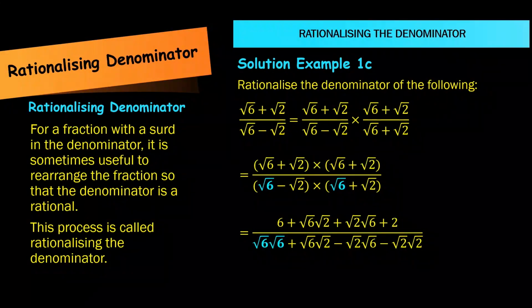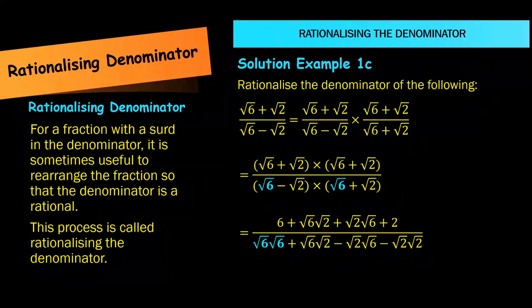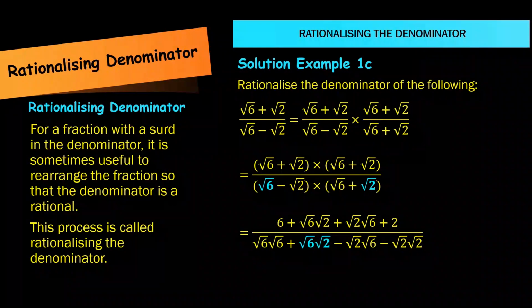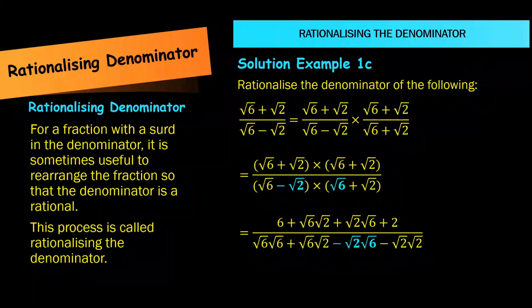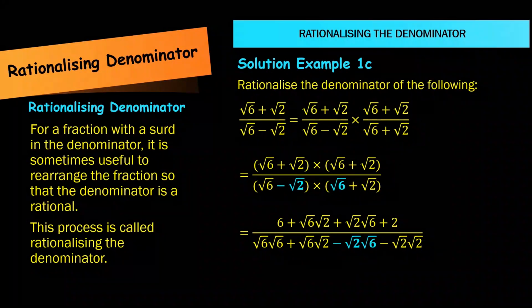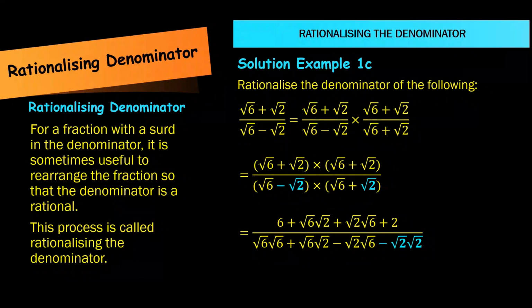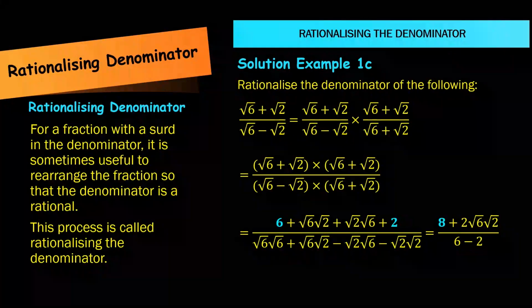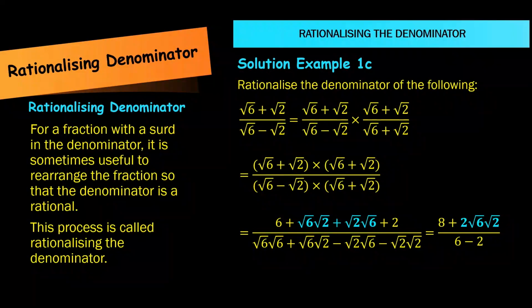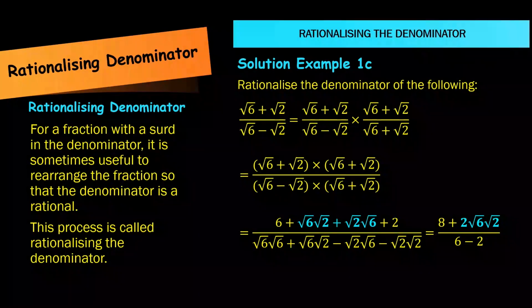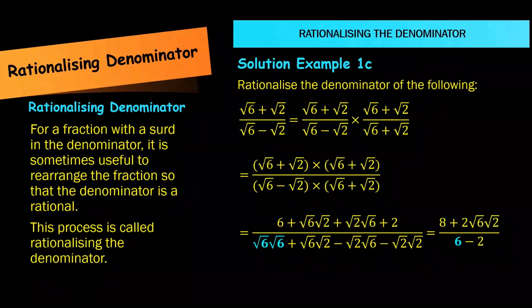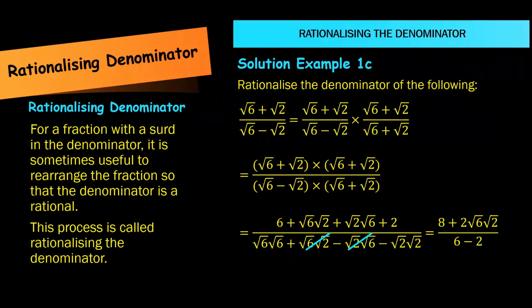And in the denominator we have root 6 times root 6 plus root 6 times root 2 minus root 2 times root 6 minus root 2 times root 2, to give us in the numerator 8 plus 2 root 6 root 2, divided by, in the denominator, 6 minus 2. And of course root 6 root 2 cancels with minus root 2 root 6.